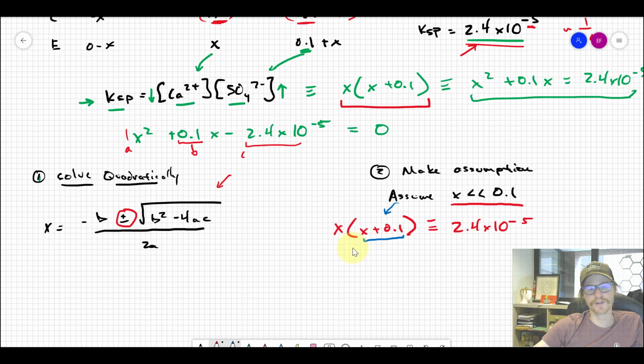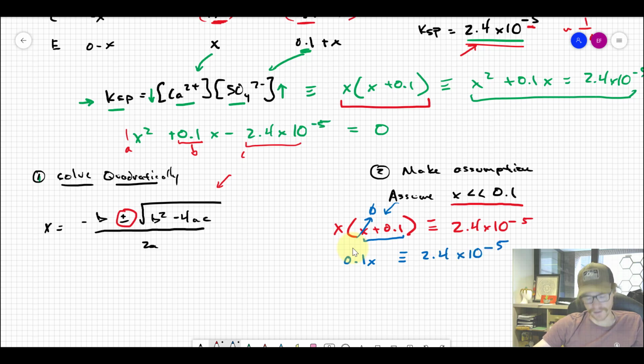That's where the assumption manifests. Because if X is tiny relative to 0.1, then this X is nominally 0, because adding it to 0.1 doesn't change anything. It's so small, it's essentially 0. So this expression gets truncated and it turns into 0.1x, because this X gets distributed here, and that is equal roughly to 2.4 times 10 to the minus 5.